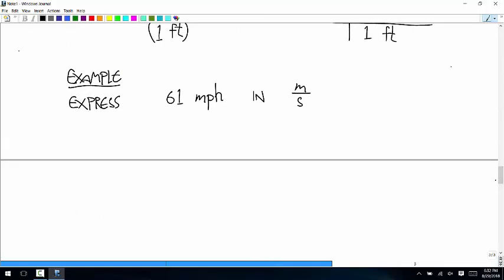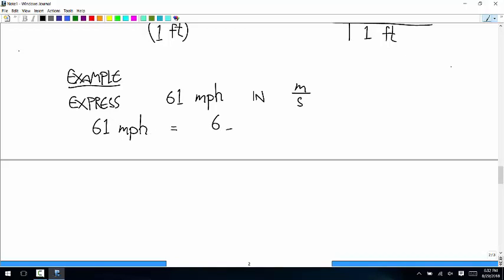Okay, so the starting value is 61 miles per hour, which is really 61 miles divided by hours. That's what miles per hour means.